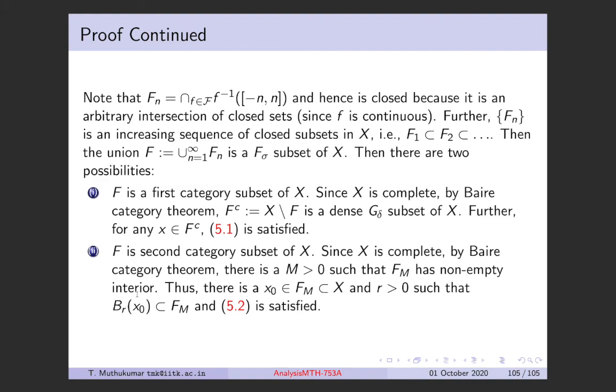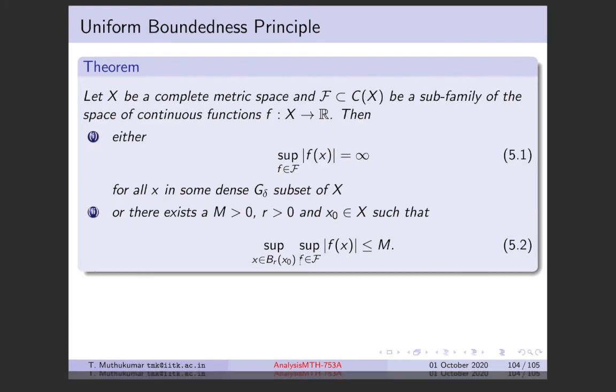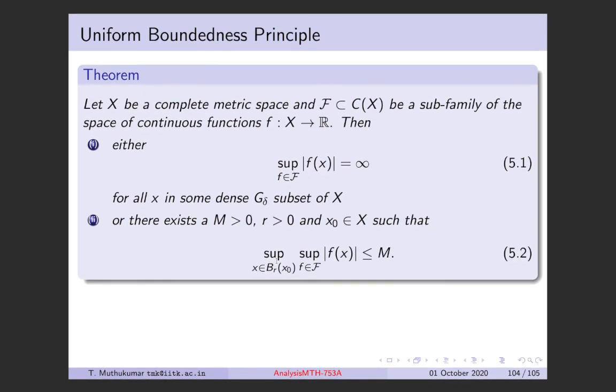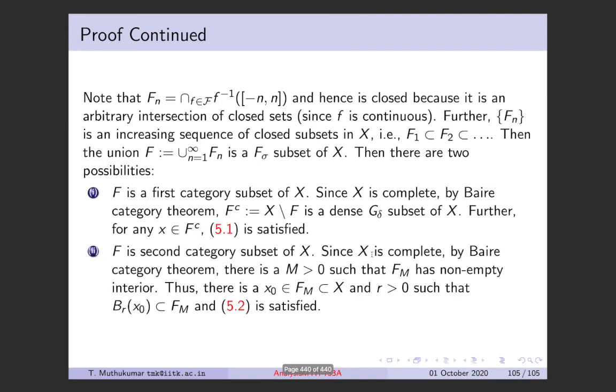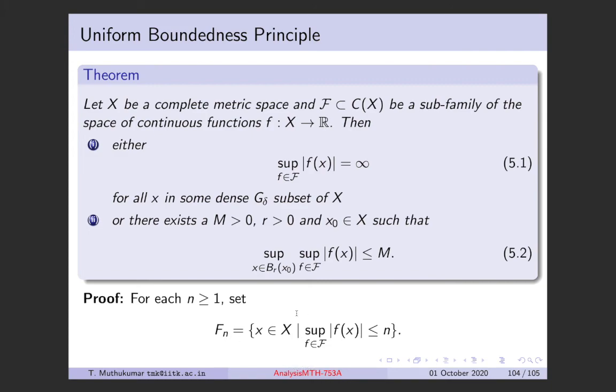Now this precisely is the statement we have here, right? Why? We need to show that the supremum over the ball and the supremum over the family is less than N, and that is how we have chosen it. So when you say the ball B(x0, r) is contained in Fm, Fm is precisely the set of all x such that the supremum of this is less than or equal to capital N. So this part is already taken care of, right?